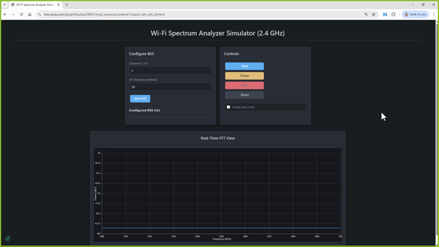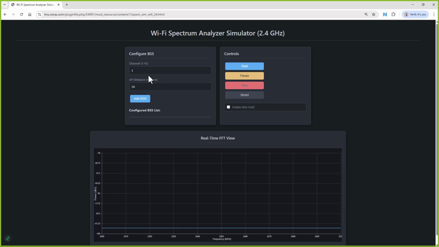And in fact, in 5 gigahertz, we say we have non-overlapping 20 megahertz channels. So when you go from one channel to the very next channel, they're non-overlapping. Well, they are non-overlapping in their primary channel bandwidth. But are they truly non-overlapping?